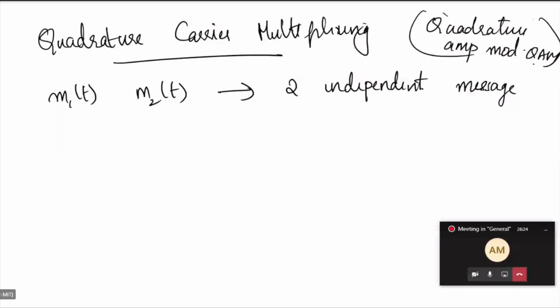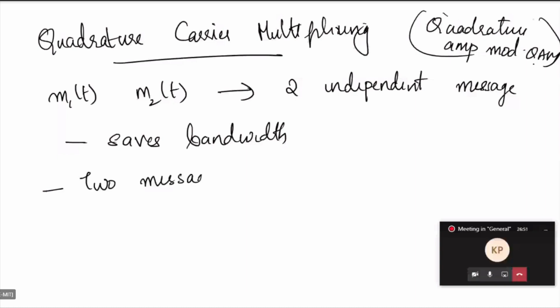So what is the advantage? It saves energy while transmitting. It saves bandwidth. Two independent messages occupy the same transmission bandwidth.